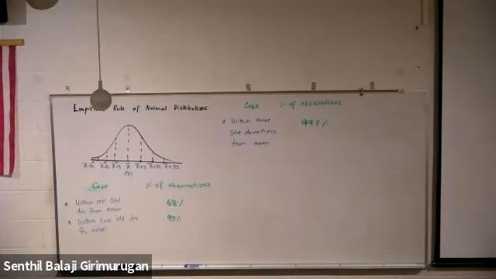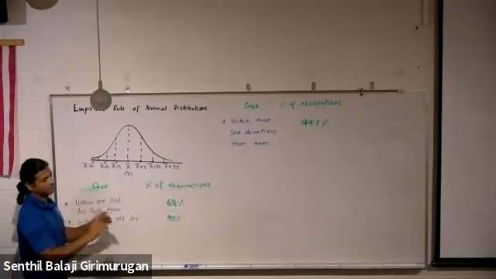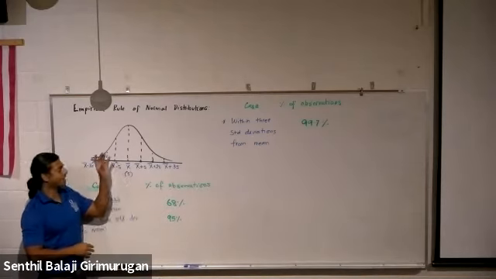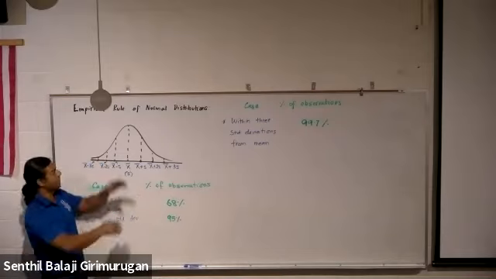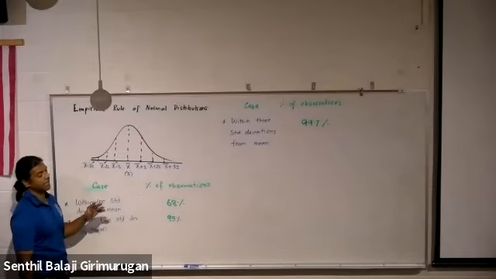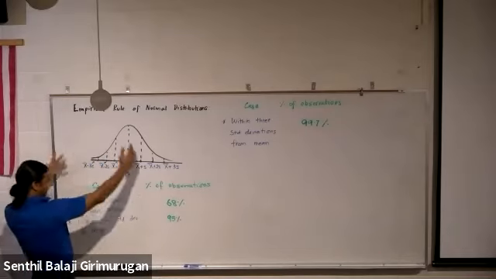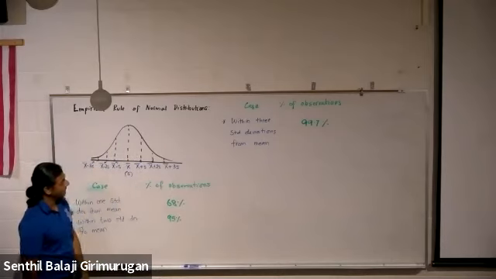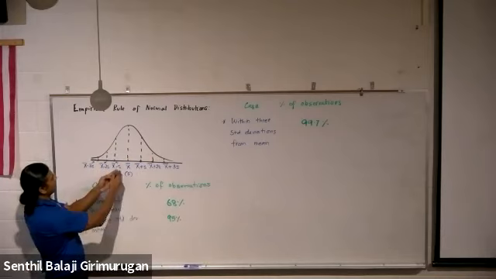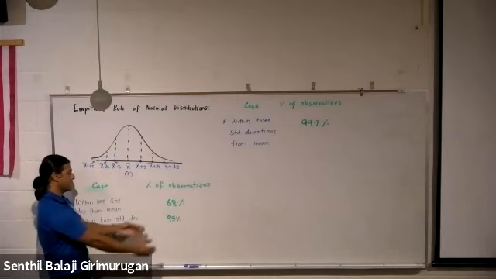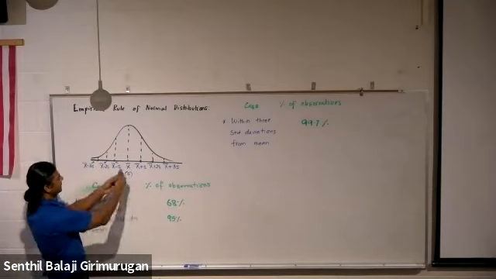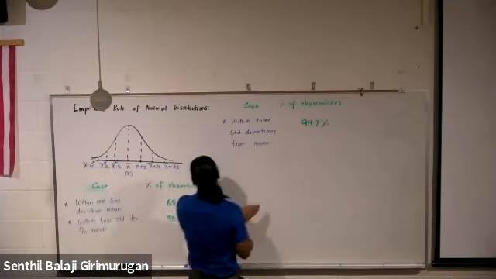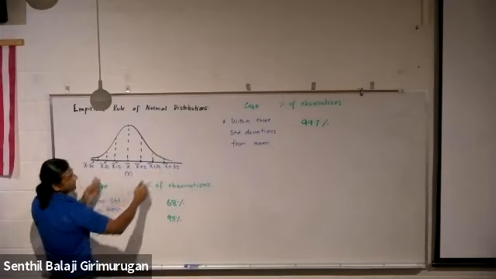These percentages are not going to change, as long as the data has a histogram that resembles a bell shape. So 68% within one standard deviation from the mean, 95% within 2 standard deviations, and 99.7% within 3 standard deviations.